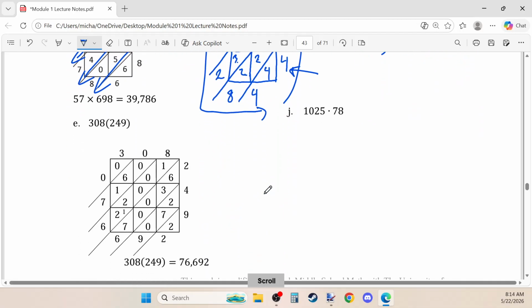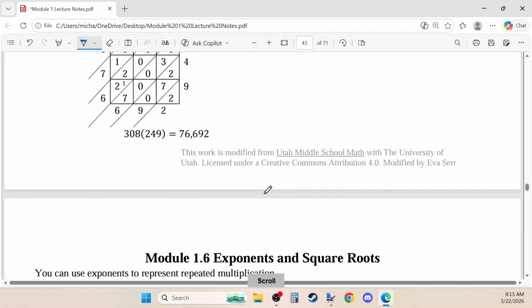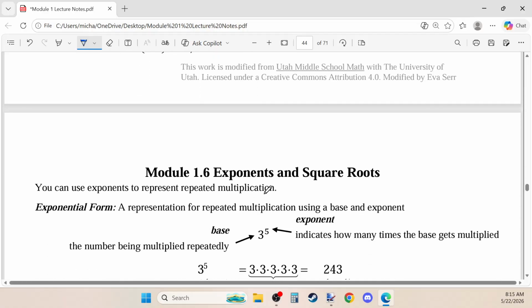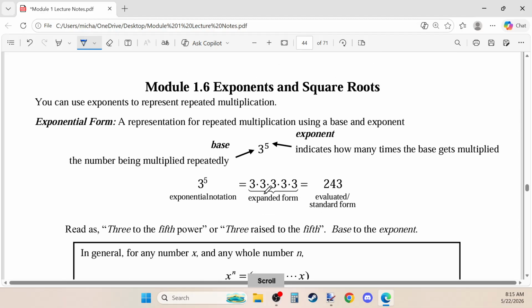Okay. We can practice more multiplication in class. So, I think what I'm going to do is upload the recording right now, and class is 2.5 hours long.